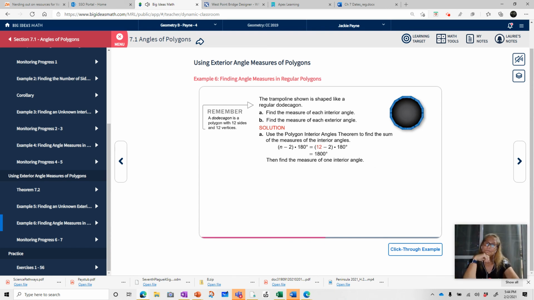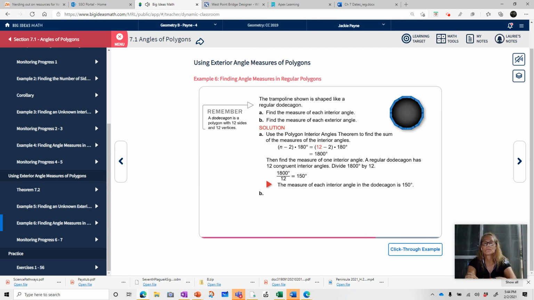Then find the measure of one interior angle. A regular dodecagon has 12 congruent interior angles. Divide 1,800 degrees by 12. 1,800 degrees divided by 12 equals 150 degrees. So, the measure of each interior angle in the dodecagon is 150 degrees.